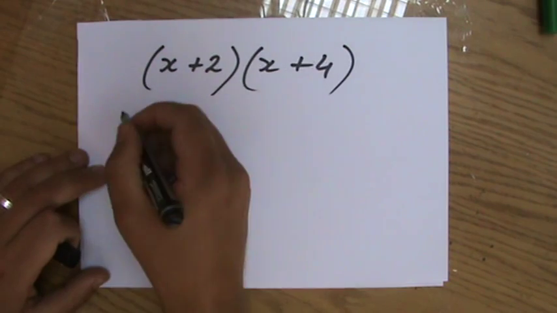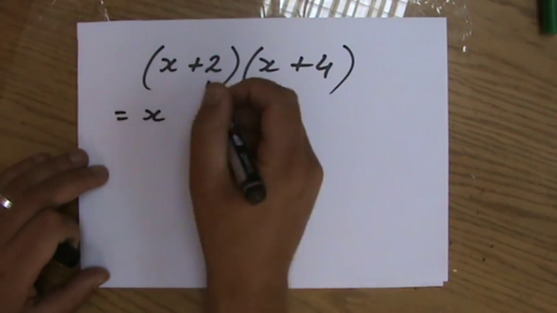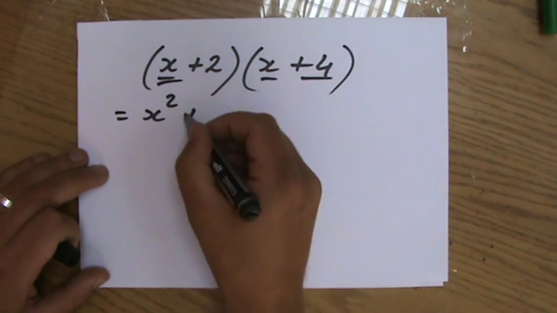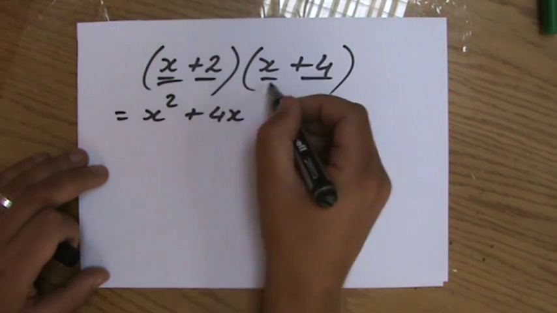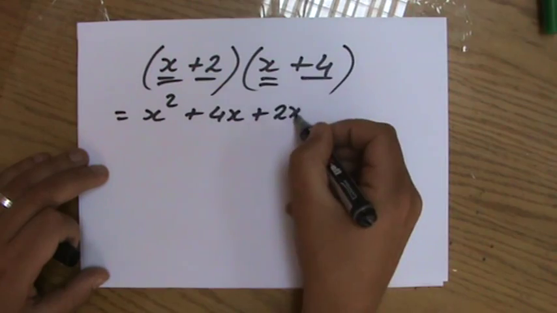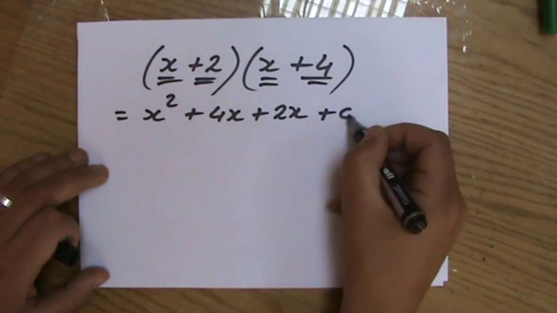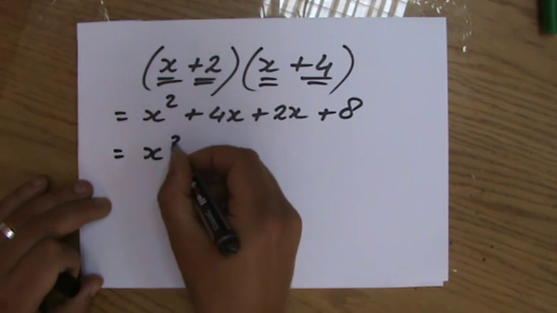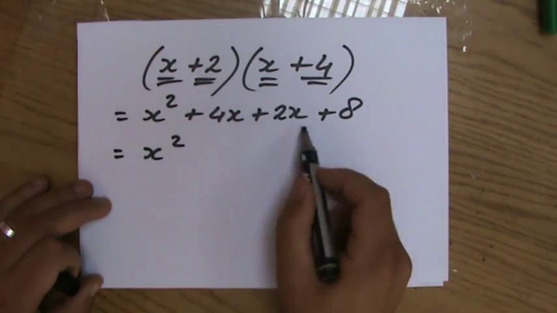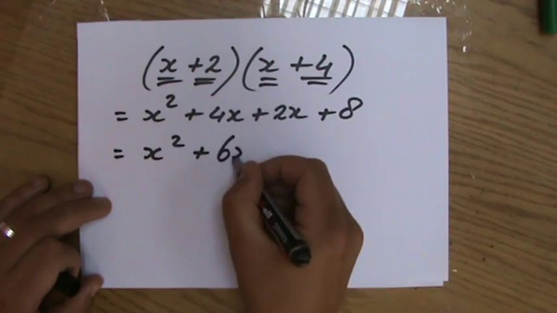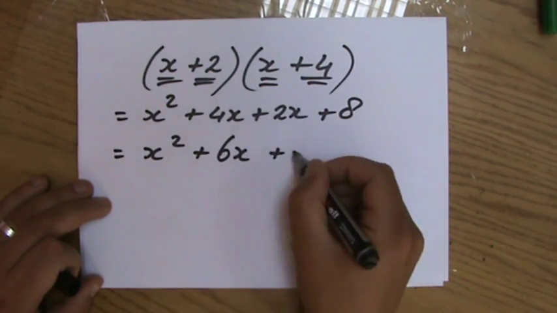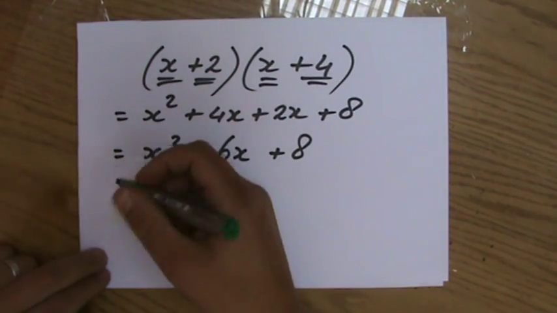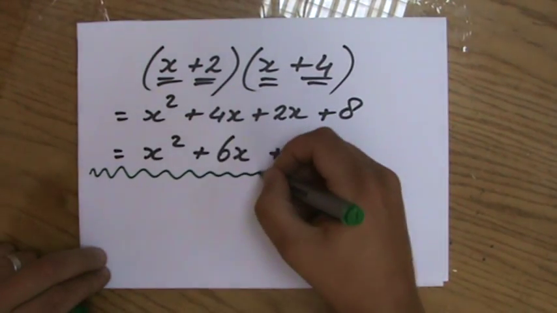This is the FOIL method, remember that one? x times x is x squared, x times 4 is 4x, 2 times x is 2x, and 2 times 4 is 8. Then you simplify it and you get x squared, you add those two like terms in the middle to get plus 6x, and then plus 8 at the end. Fantastic. That is something you already know, so that doesn't trouble you.